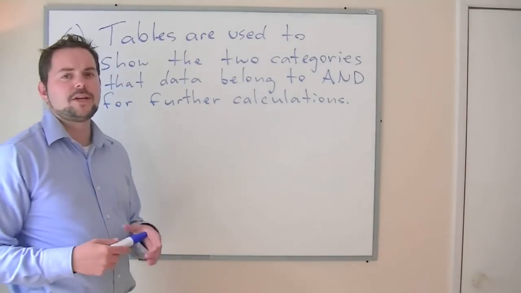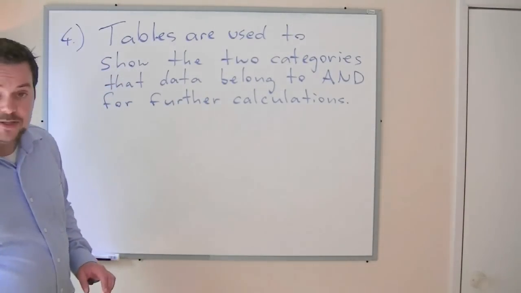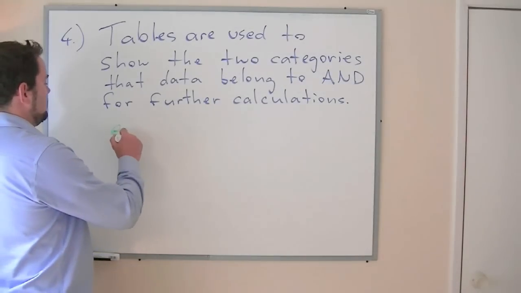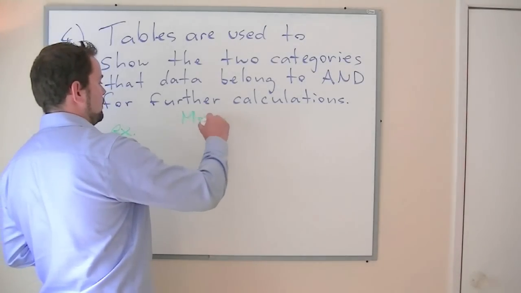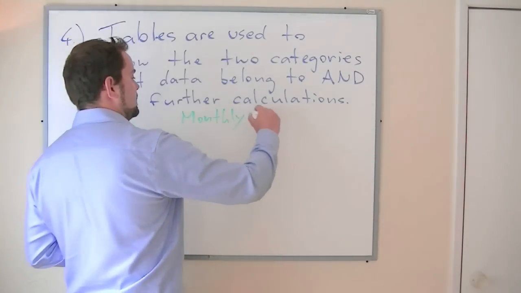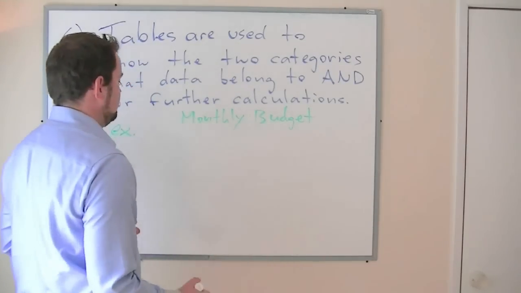The best way to understand tables is to see an example. So let's look at a simple example of a monthly budget. This is, of course, the table title.